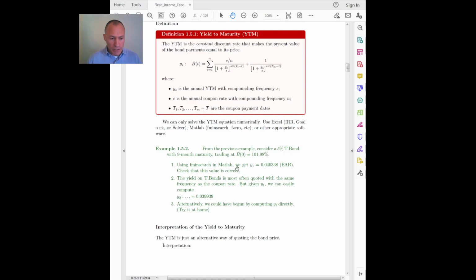And this is what I get: an annual rate of 4.0338%. So again, please try to do this at home. We will soon have a project where you'll have to do this for many bonds. So this is an easy warm-up to set up the Excel file, or whatever you use to do this, to make sure you are able to get the yield to maturity.